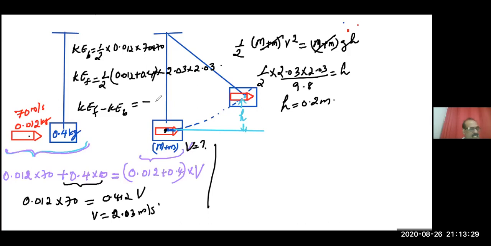It will come minus 28.56 joule. This is the answer I got. You check.